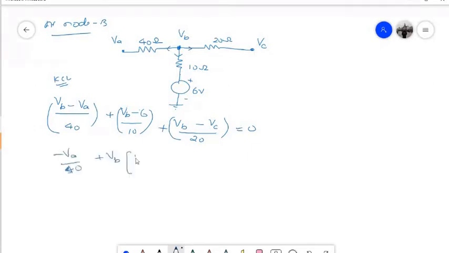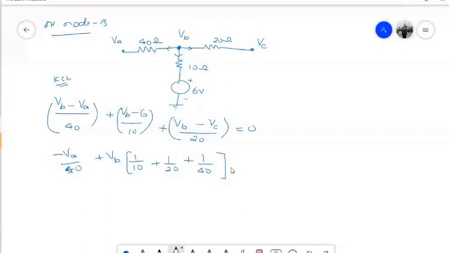You have 1 by 20 here, and you have another 1 by 40 here. Now for VC we have this term minus VC divided by 20, and when you take this 6 by 10 to the right hand side, it becomes plus 6 by 10.